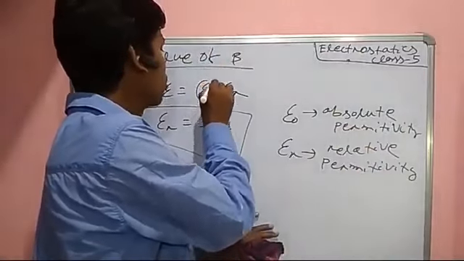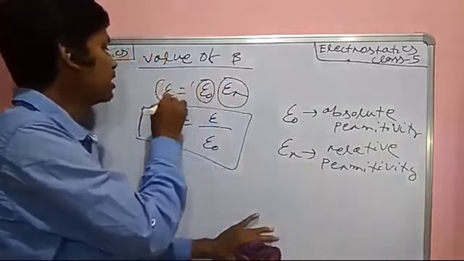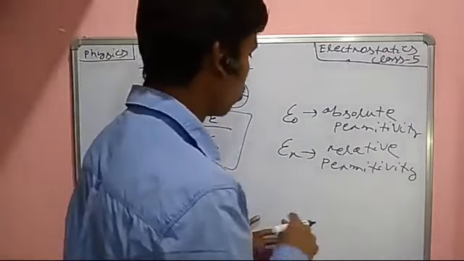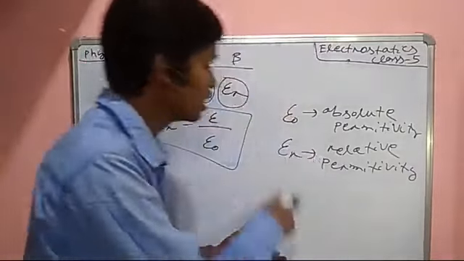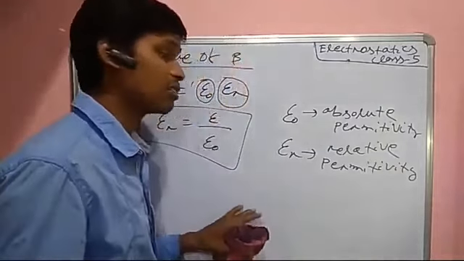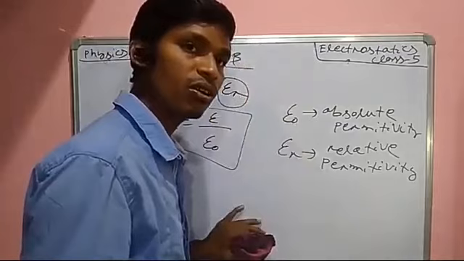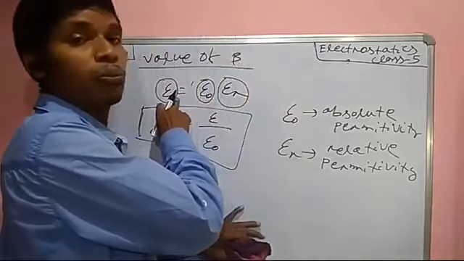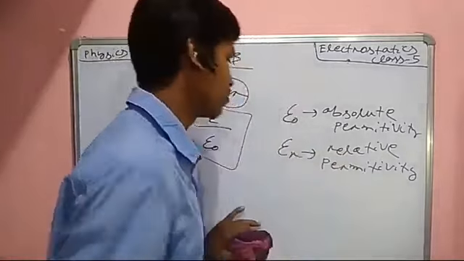Epsilon 0 is constant, but epsilon r is changeable, so the total product epsilon is changeable. Finally, the total permittivity epsilon depends upon the nature of the medium.